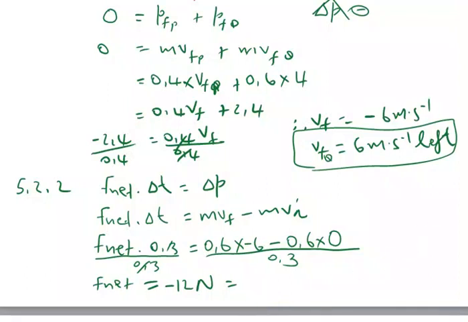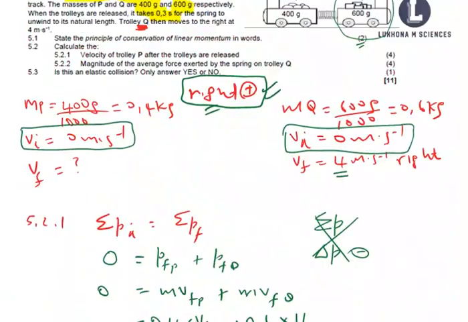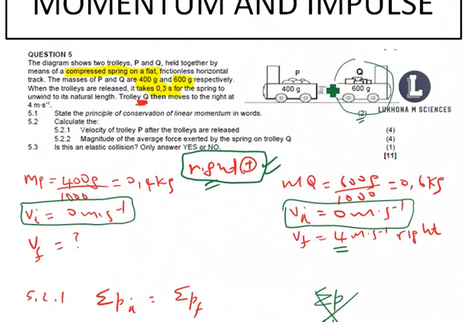Let's go back to the diagram. A spring will apply a force in this direction, then the 600 gram trolley will apply a force on the spring, Newton's third law. So the one that is negative is the force exerted by Q on the spring.